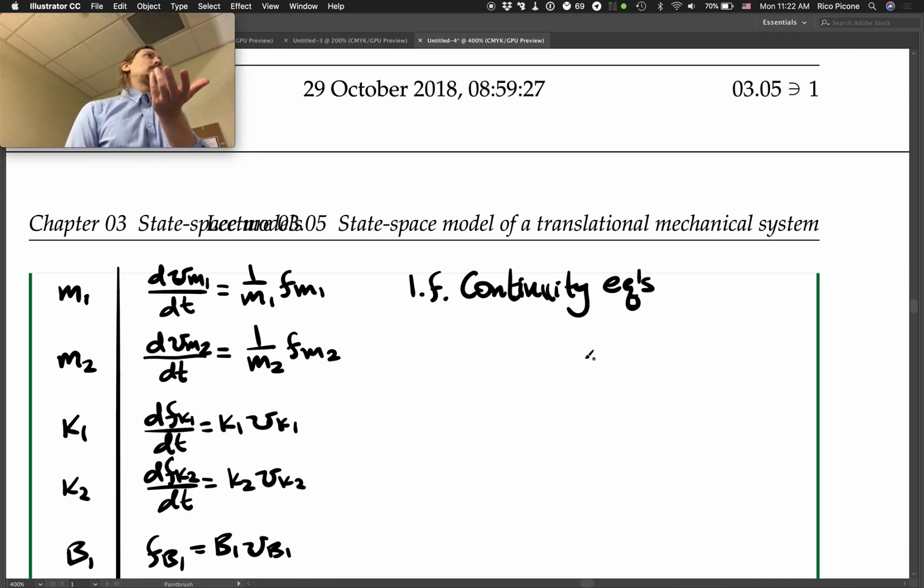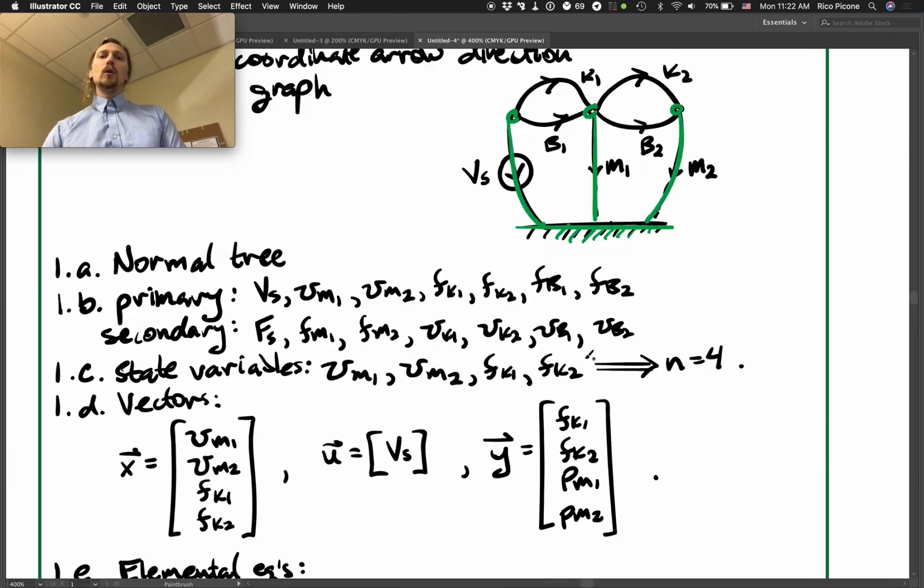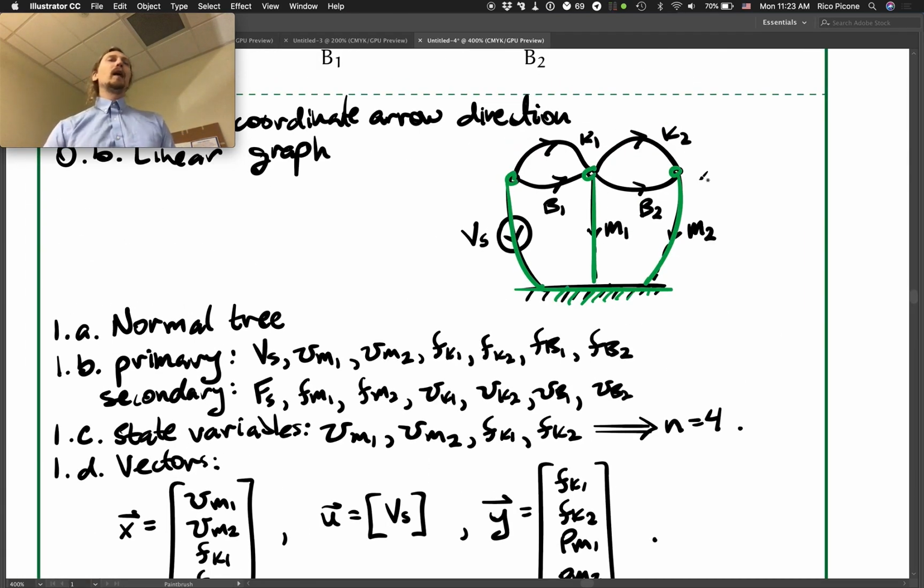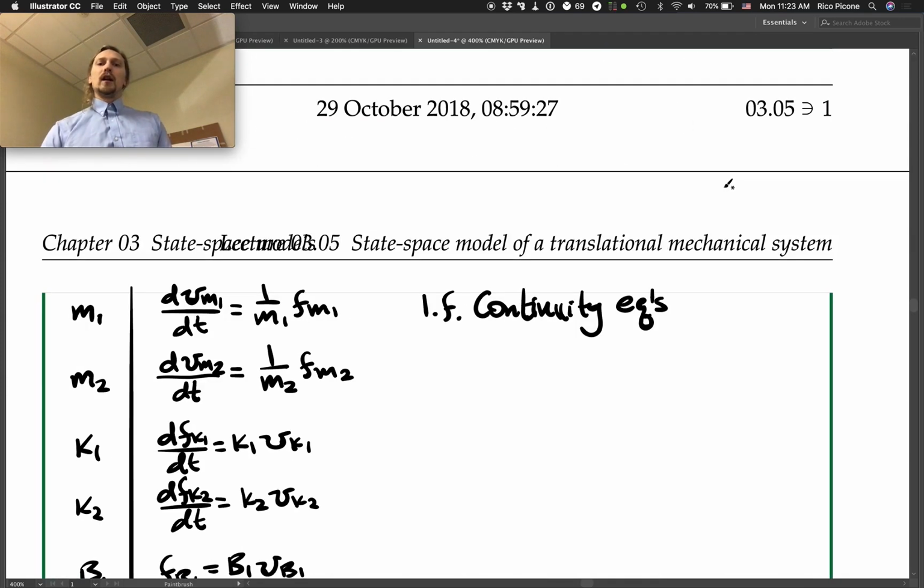So for each passive branch. So we've only got two of those, right? We've only got M1 and M2. So we're only going to have two continuity equations, and they're associated with M1 and M2. So I kind of like this table thing. So we'll go with that.